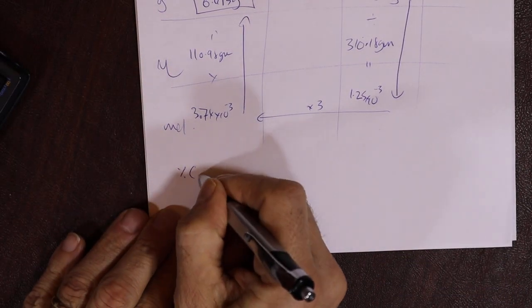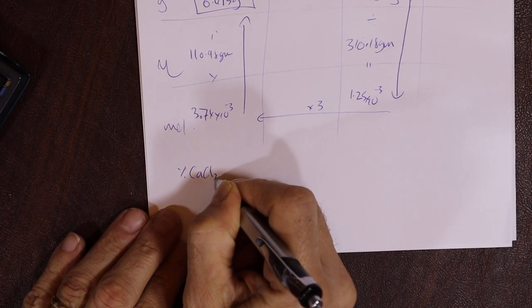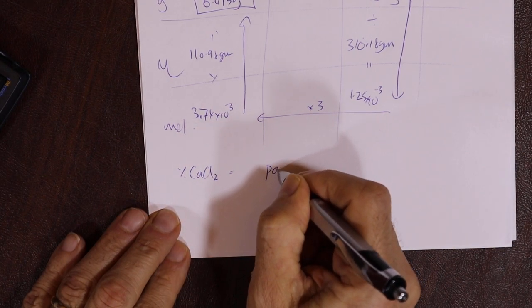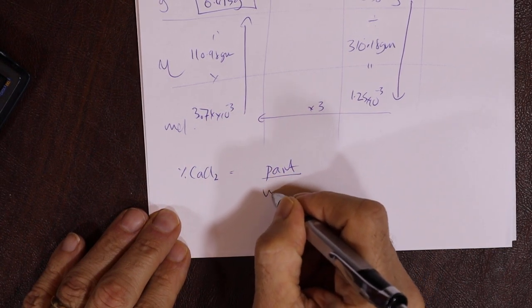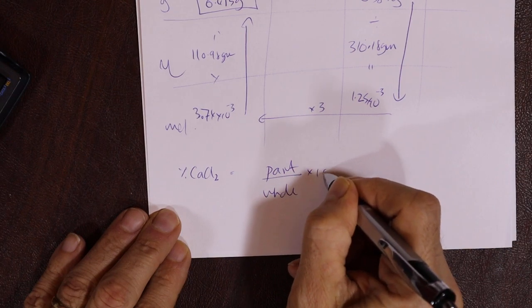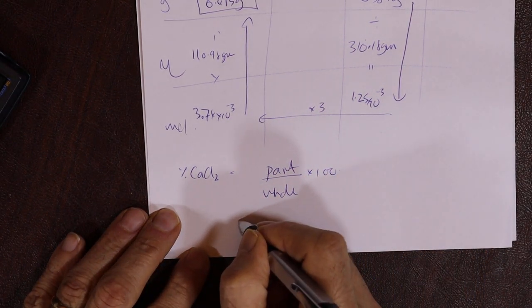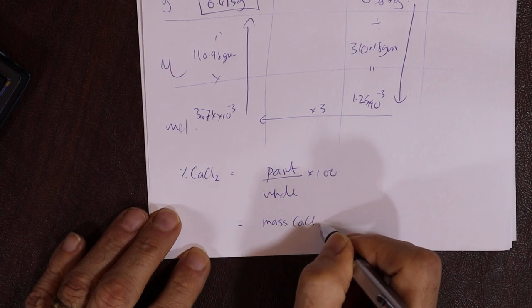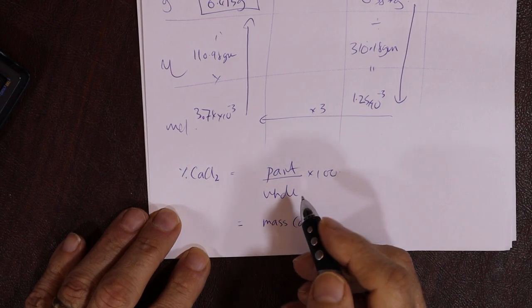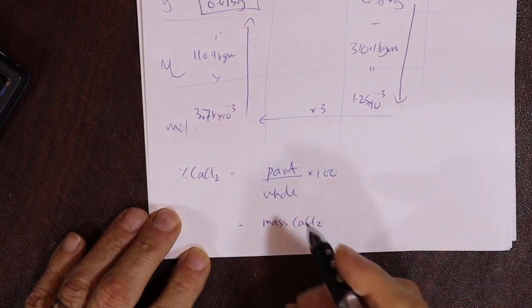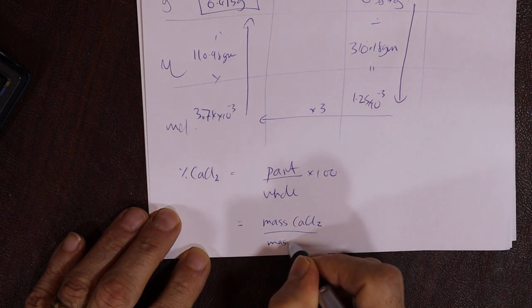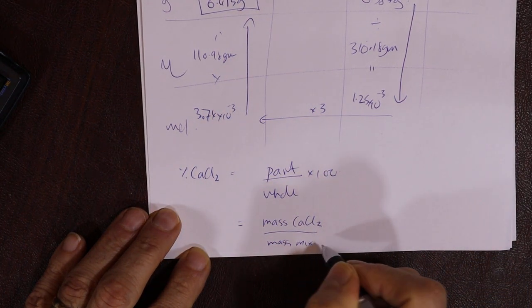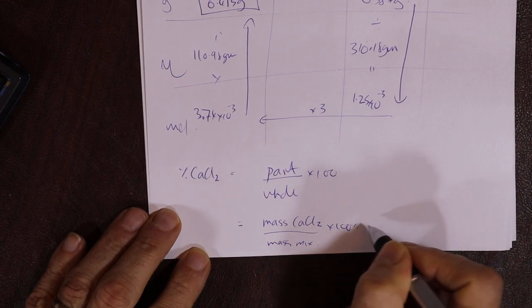Now, to do this, we have to remember how percent mass works. If you remember we did this before, it's the part over the whole times 100. So that will equal the mass of calcium chloride, that's our 0.415 number up here, over the mass of the mixture, that's the whole, times 100 for a percent.